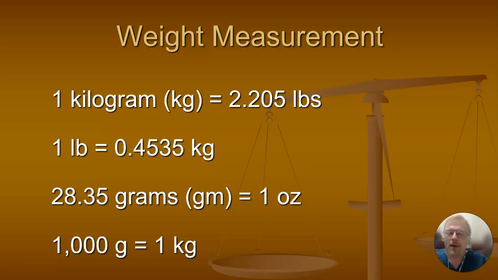But I always think about babies, oh, well, they weigh 9 pounds, 10 ounces. Well, we have to convert that into grams. So you're going to be using that conversion a lot more than you think you will.